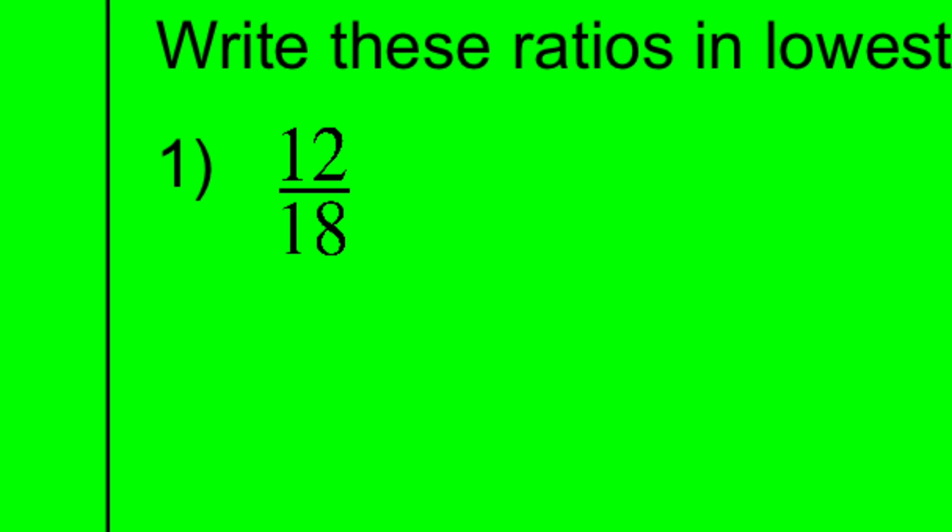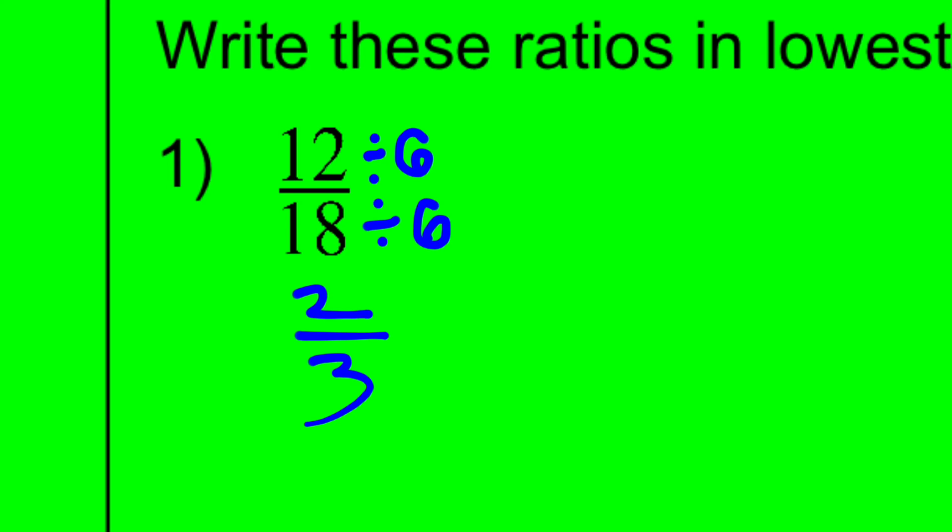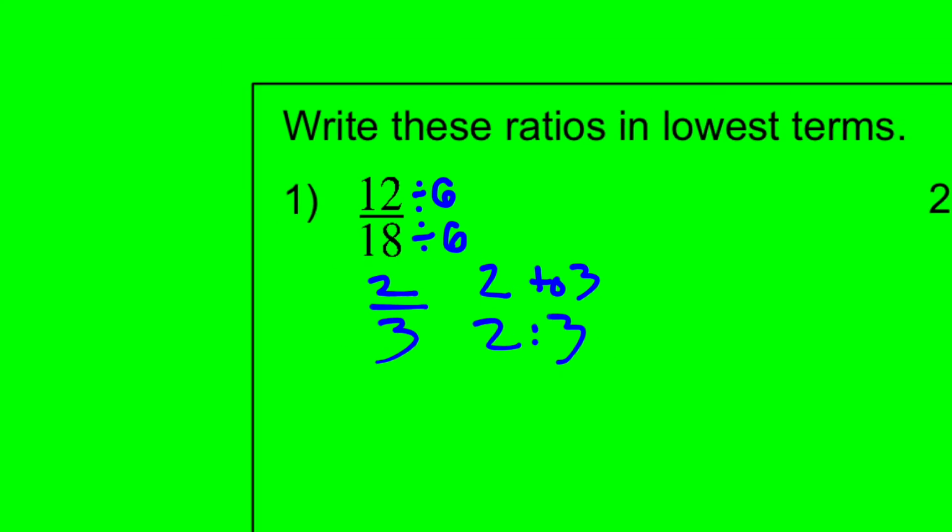You'd want to find the greatest common factor of 12 and 18, which is 6. You would divide both of those parts by 6. In this case, the ratio is written as a fraction. And in lowest terms, this ratio would be 2 to 3. Right, and it could also be written as 2:3.